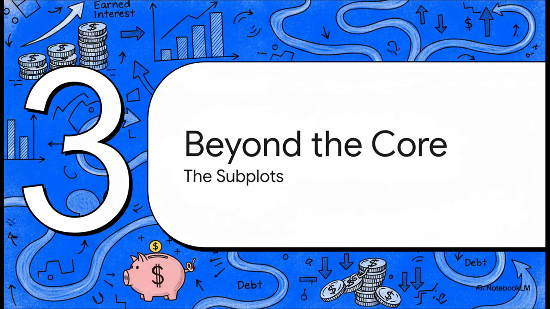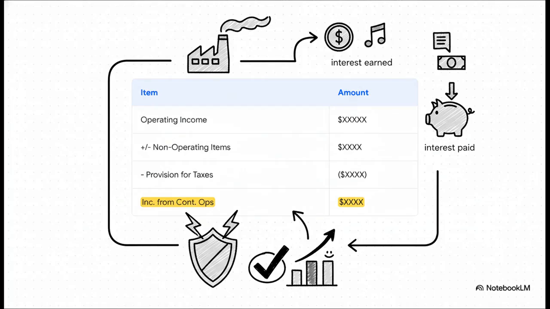But you know, the main plot isn't always the whole story. Companies usually have other financial subplots going on. We're talking about things like earning interest from investments, or, on the flip side, paying interest on debt. These aren't part of the core business, but they definitely affect the final bottom line. So, starting with our operating income, we now factor in these subplots. We add or subtract those non-operating items, and then, of course, we account for taxes.